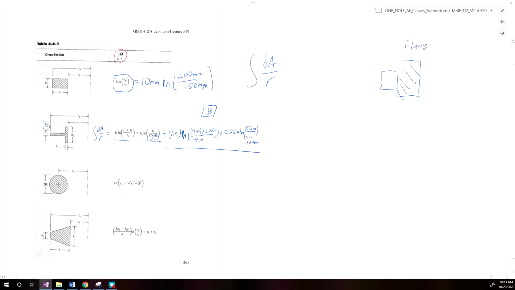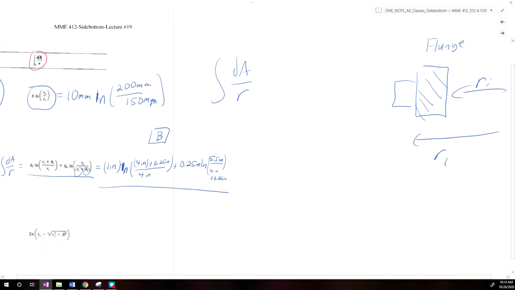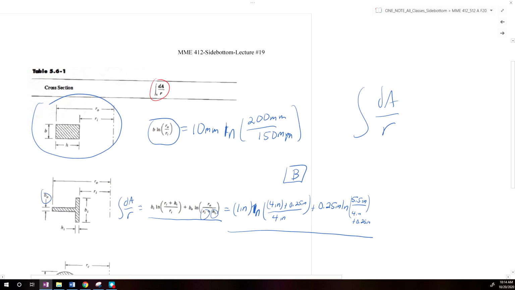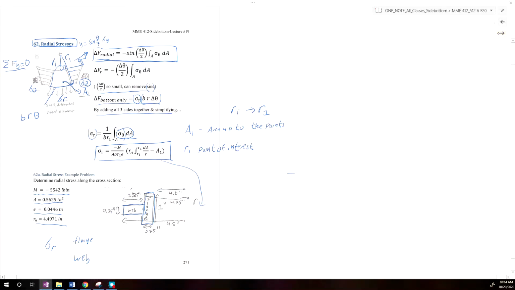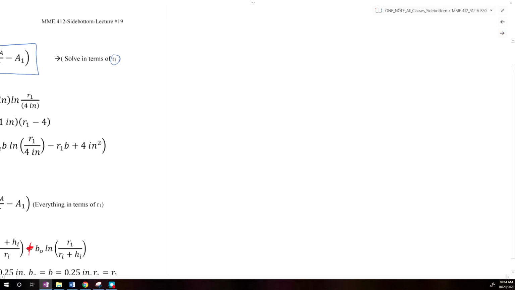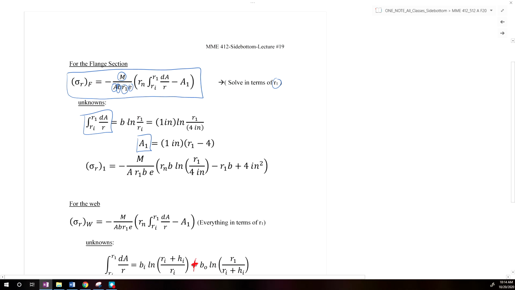Since we're only considering the area from the inner radius to R1, and just the flange section, we use the equation for a square cross section here. So dA over R is just equal to B times the natural log of RO divided by RI. If we go back to our equation, we just plug in B times the natural log of RO over RI, where RO in this case is just equal to R1. So we can plug in all those terms here.